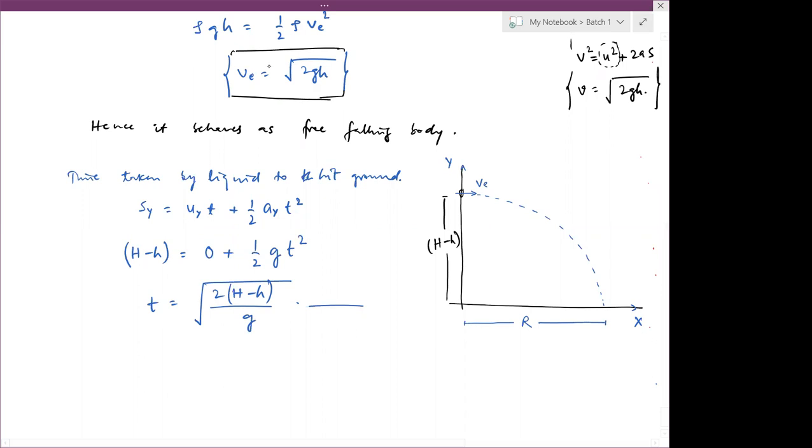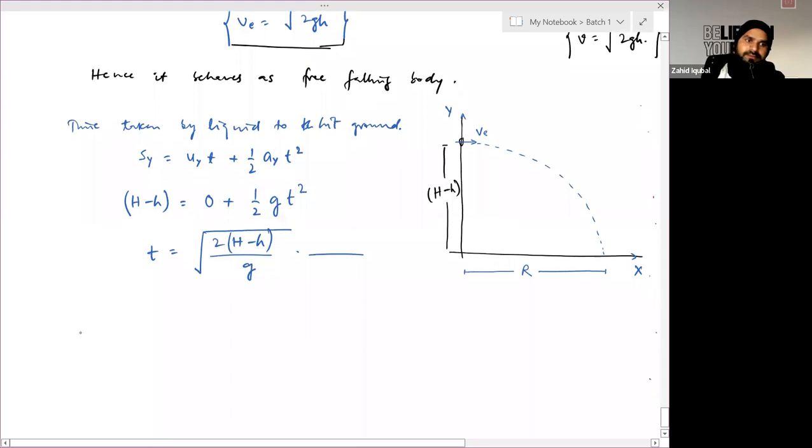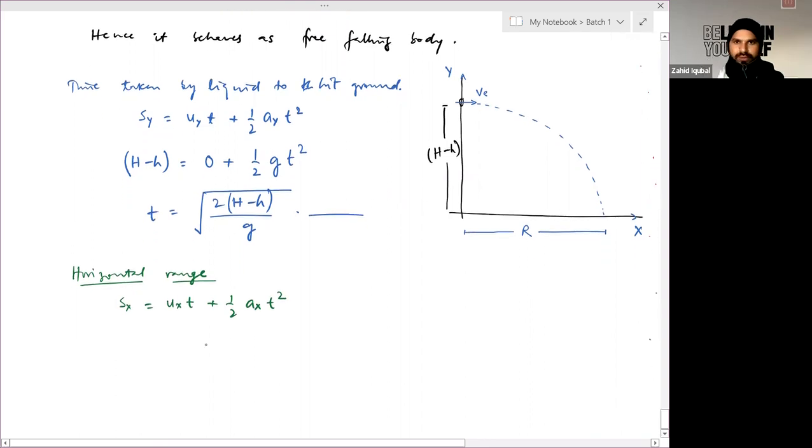Yes, sir. Now, if you have to calculate the horizontal range related to this expression, it would be along the x-axis. So displacement along the x-axis will be initial velocity times time plus half acceleration times time squared. Since there is no acceleration along the x-axis, displacement along the x-axis is R, the initial velocity along the x-axis is the velocity of efflux, times time taken, plus 0.